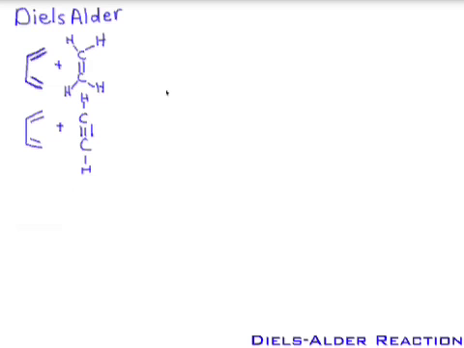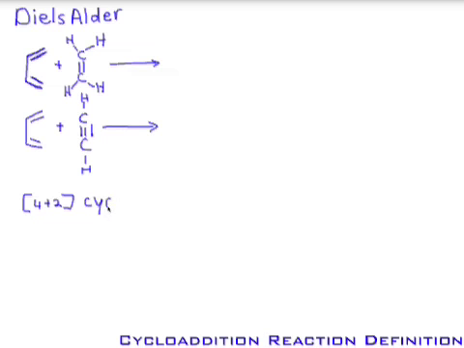Now, when the reaction occurs, we get what is called a 4+2 cycloaddition. Let's write that down. 4+2 cycloaddition. So we have a 4+2 cycloaddition reaction. What does cycloaddition mean?